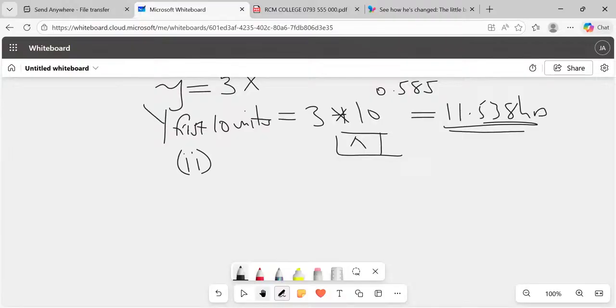Number 2, I want the total time for producing units 11 to units 20.